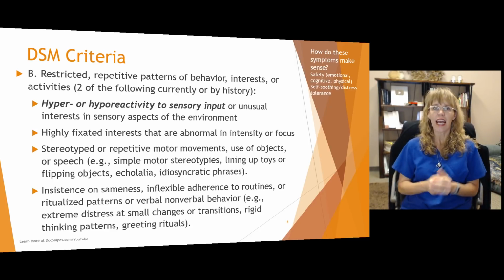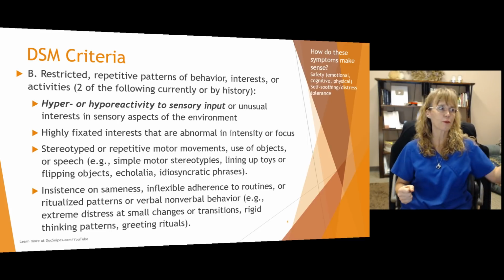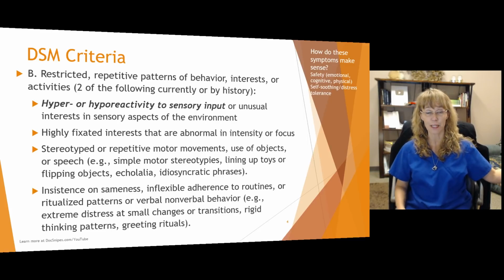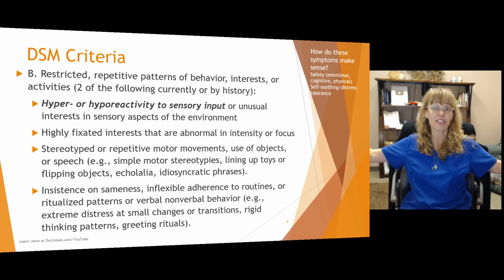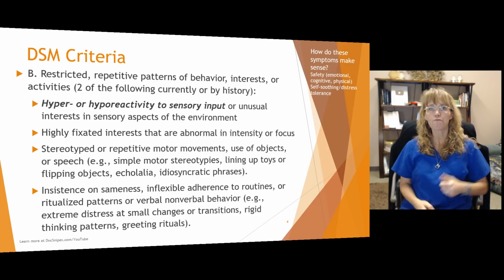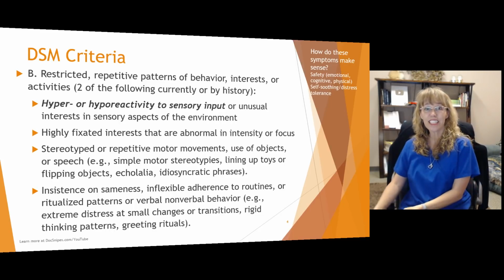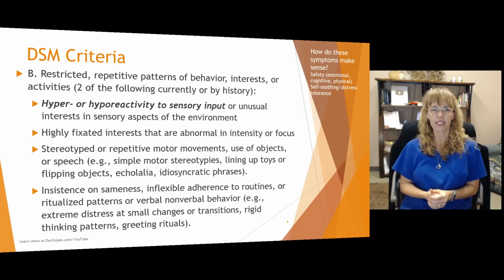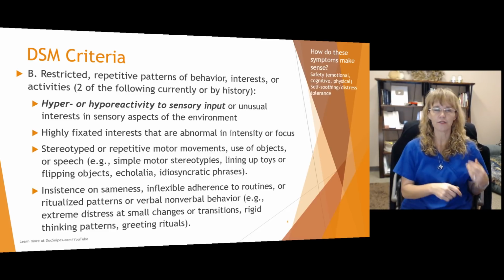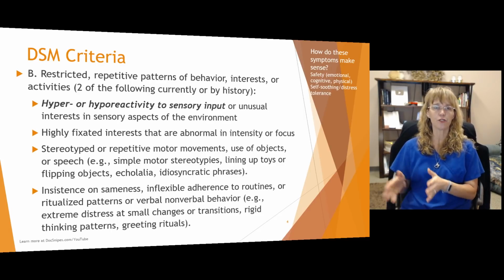And I keep saying spectrum because remember, there are some people who have very mild symptoms and some people who have very severe symptoms. For people who are more on the mild side, sometimes these transitions can be eased, for example, by giving them a cue word or a cue sound, like a bell ringing, 2 minutes before the transition is set to take place.